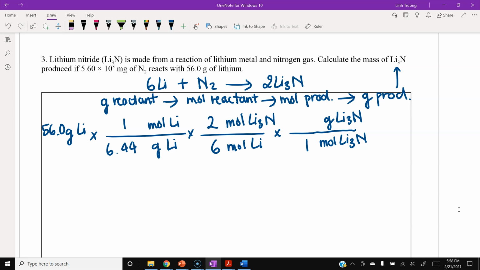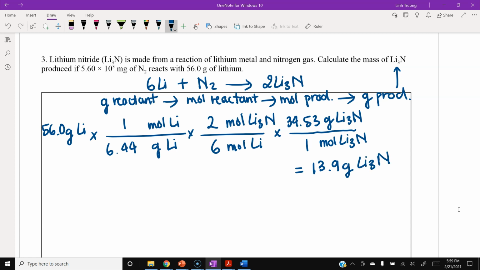The molar mass of lithium nitride is 34.53 gram per mole. Now we can punch it into the calculator, giving me 13.9 gram of lithium nitride.